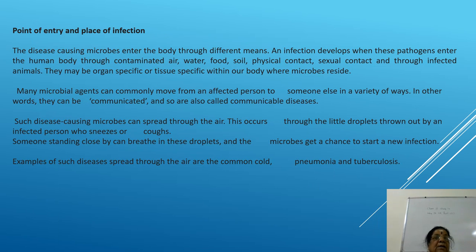The next one is point of entry and place of infection. அப்படின்னா என்ன அர்த்தம்? When a pathogen or disease-causing germ enters the body, அது எங்க வேணா போகும், சொல்ல முடியாது. It is called point of entry and place of infection. For example, a mosquito causing malaria.